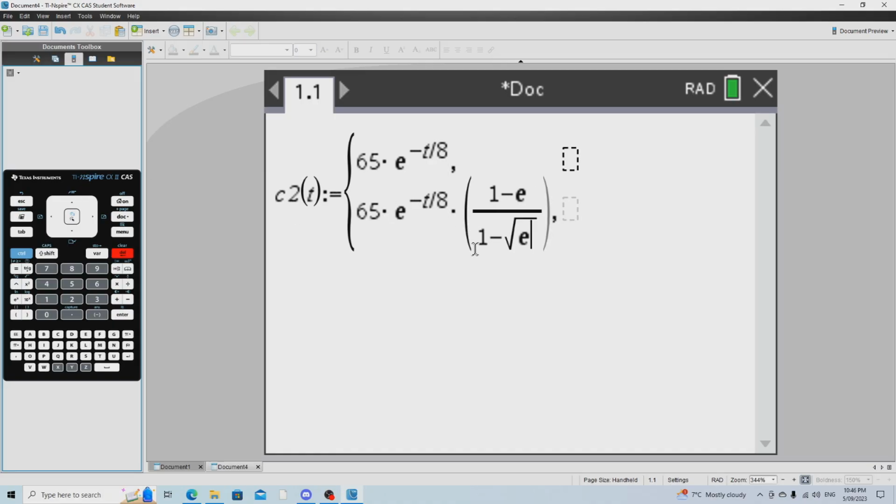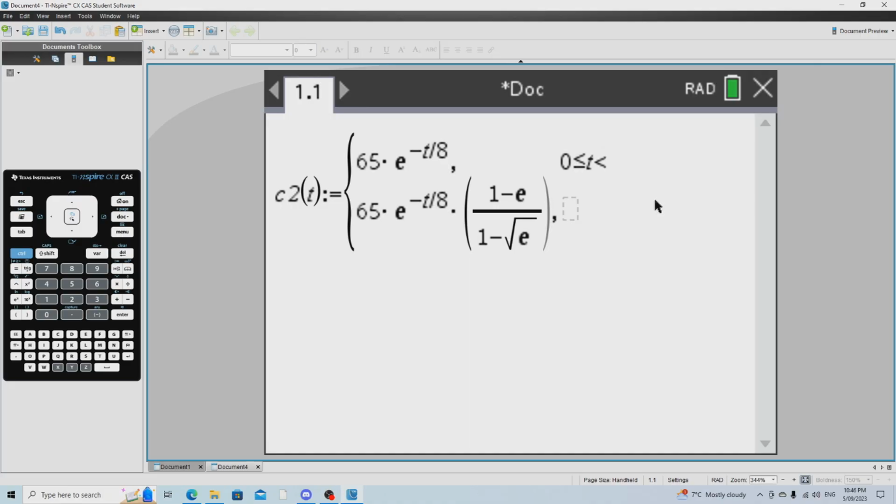Have I written it right? Yep, so 65 times e negative 2 over 8, times 1 minus e, 1 minus root e. And the domain is from 0. So t is 4. And t must be greater or equal to 4 for this one.